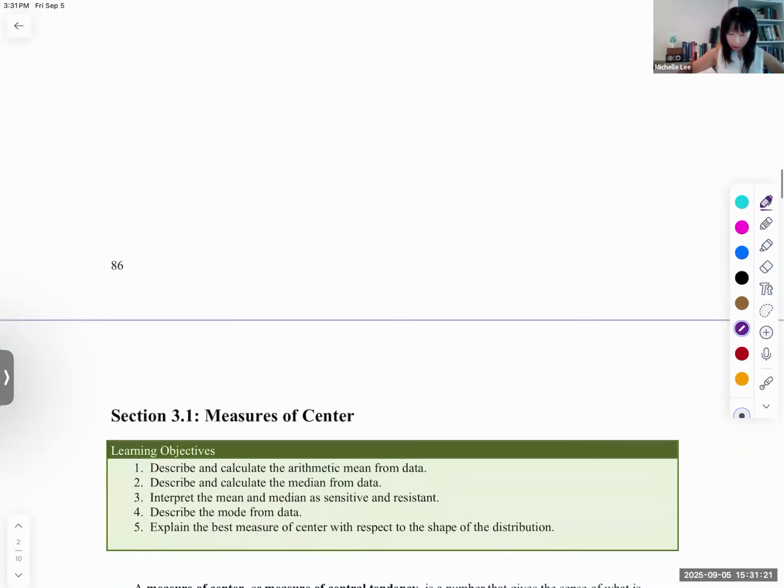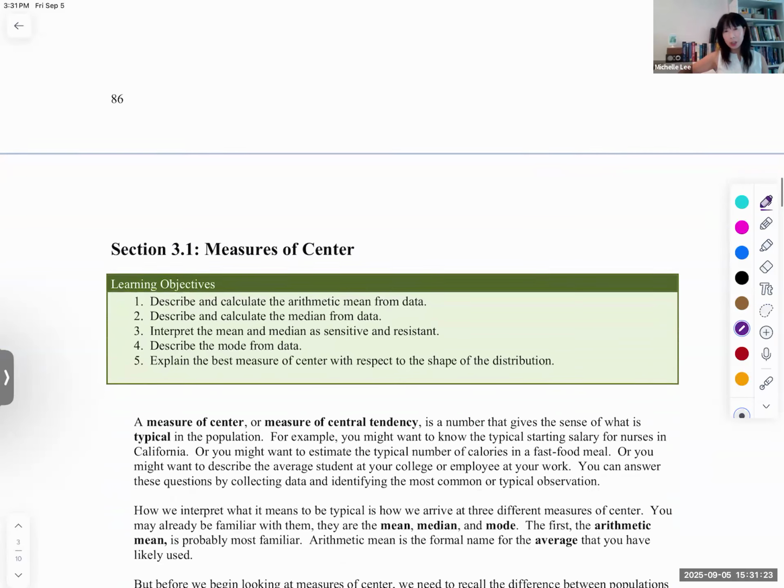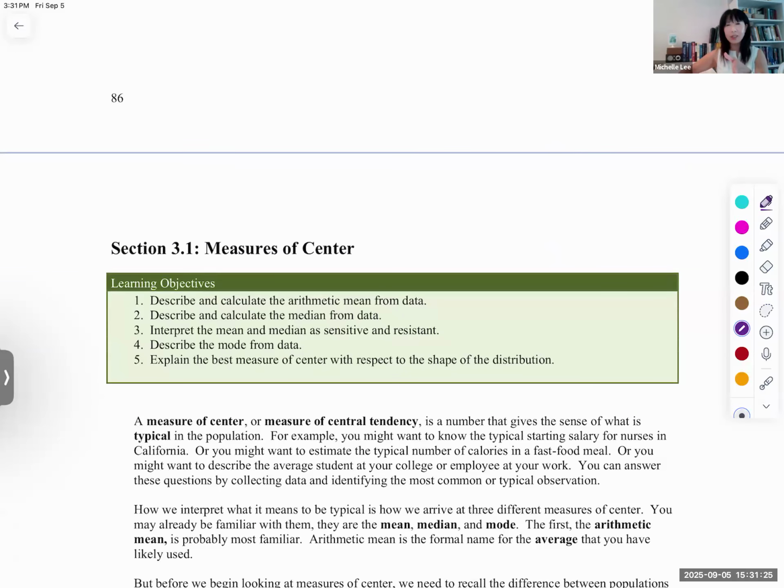In 3.1, we have measures of center. Where's the center? I'm the middle center, right? So the learning objective: we want to describe and calculate the arithmetic mean from the data.